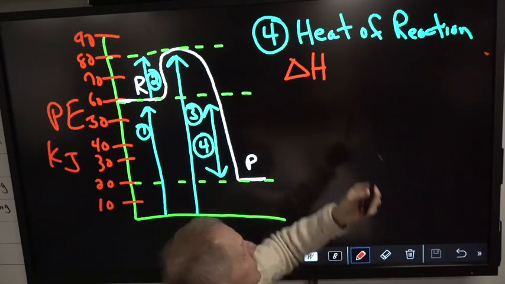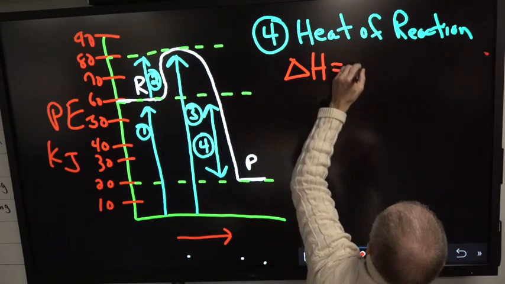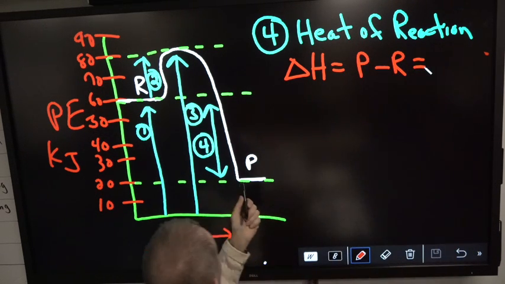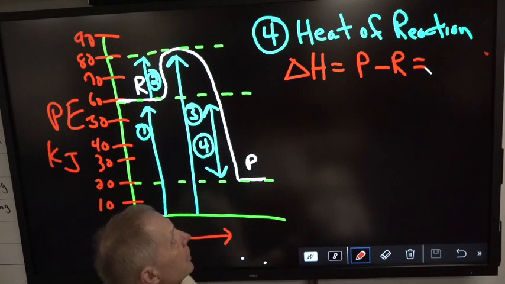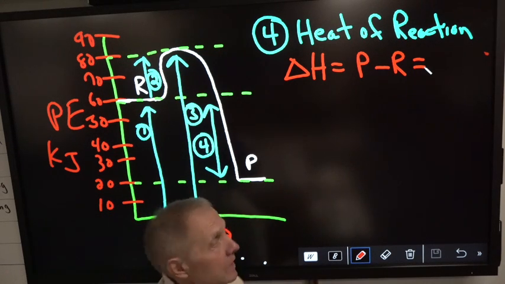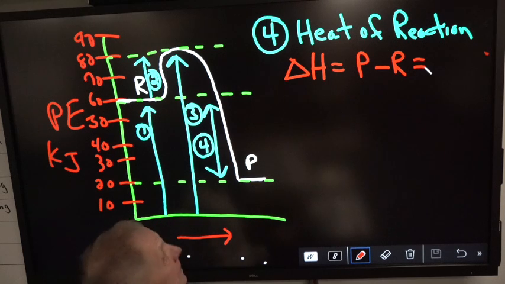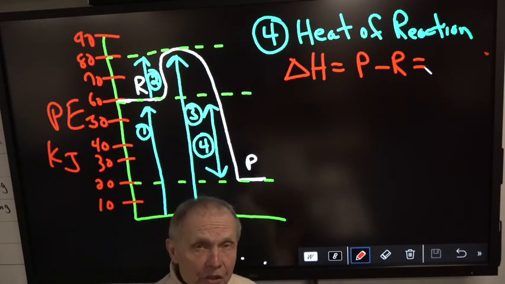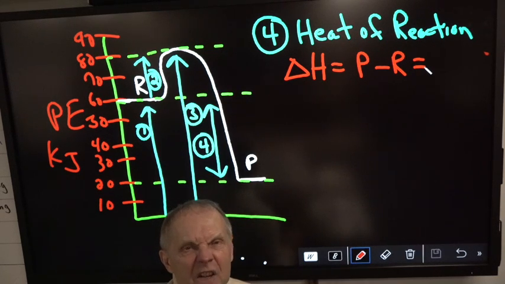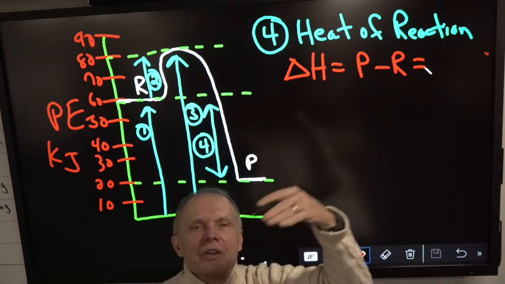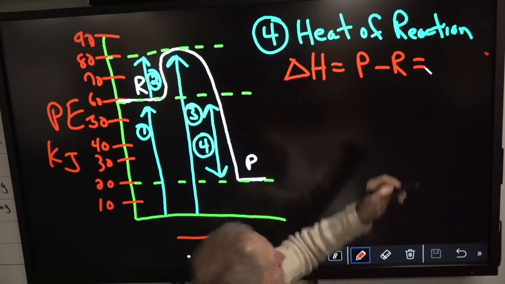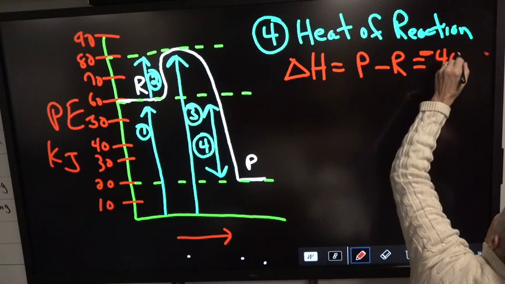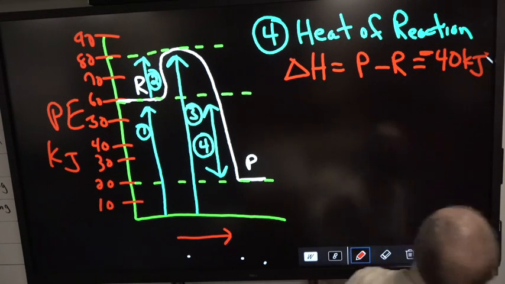Delta H always equals products minus reactants. So in this particular graph, the products are 20, the reactants are 60. So the delta H of this reaction is negative 40. That's how much energy was really given off by this reaction. So it's negative 40 kilojoules.